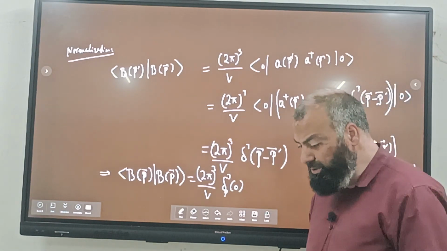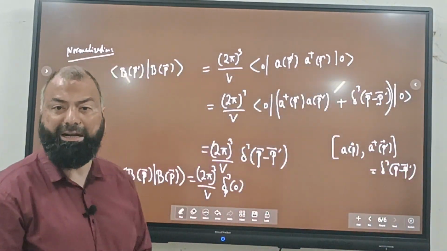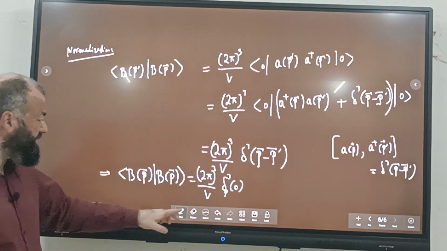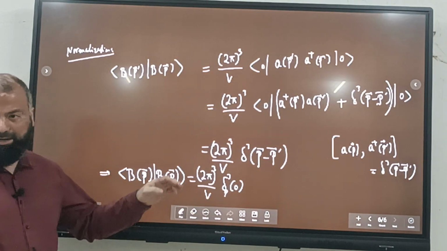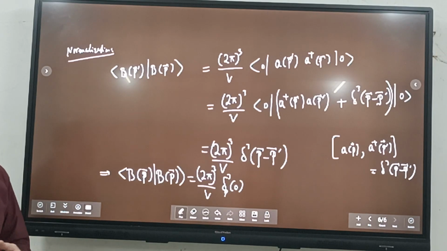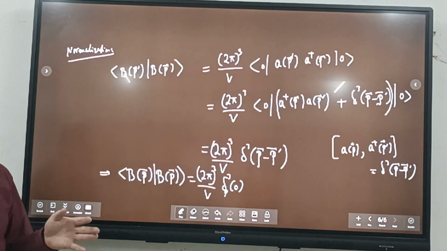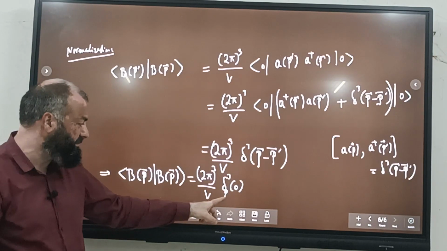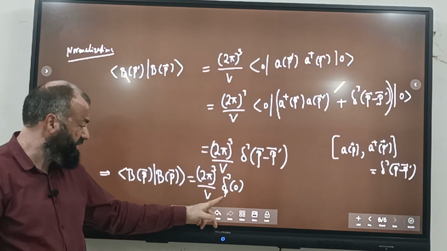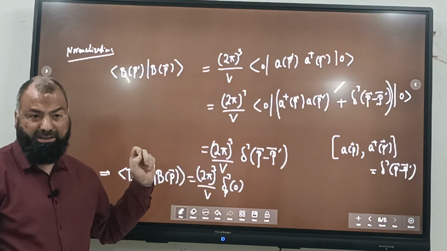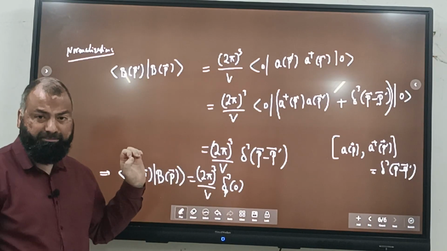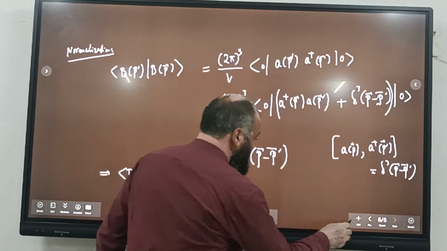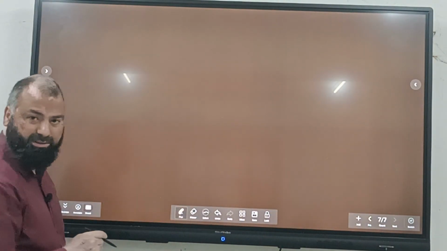What to do? How do we get rid of this delta 3 of p at 0? We have already done that. We have to do the box normalization. I will confine my particle to a box. In that box, I will redefine my delta function and figure out what this delta 3 of 0 is. So let's look at the delta function.